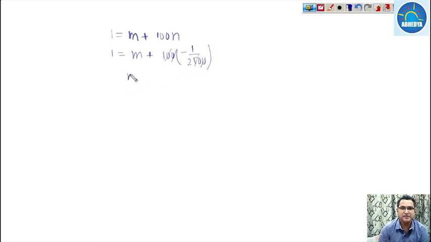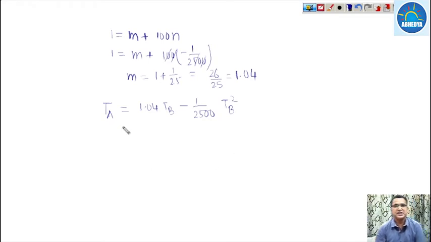So M is nothing but 1 plus 1 upon 25. This becomes 26 upon 25, that is 1.04. So M is equal to 1.04 and N is equal to minus 1 upon 2500. So the equation reduces to TA equals 1.04 times TB plus N, minus 1 upon 2500, times TB square. This is the equation.